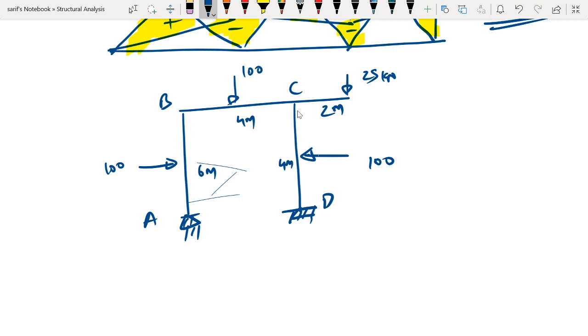In this kind of cases, again like we did for beam with overhang, we have to transform it to a fashion like this. Okay, we have to transform it.